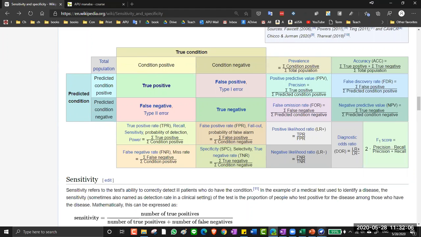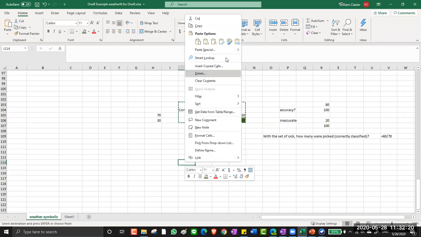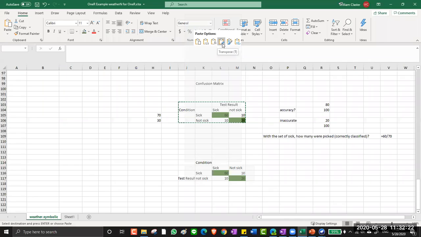So if I want to go back, and by the way, you can do this easily in Excel, I think, by copy and paste this way. Now it reversed it. So I put the test result here and the condition over here. Now it looks like Wikipedia.